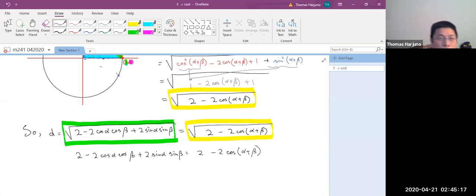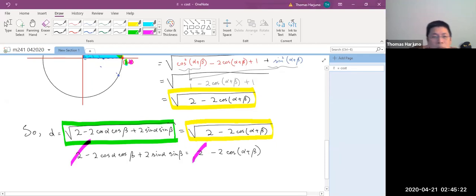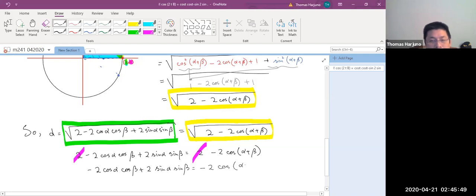I will cancel the 2 with the 2 here. Okay, I cancel the 2. Now I have negative 2 cosine alpha cosine beta plus 2 sine alpha sine beta equals negative 2 cosine alpha plus beta. Now, I wonder if you follow me in writing.